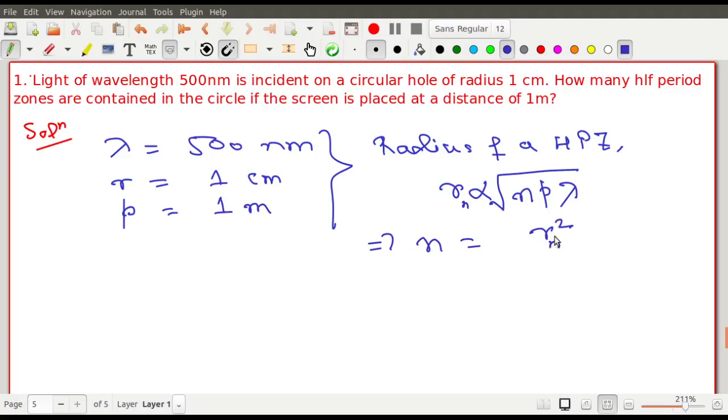Let me try to calculate the radius of the... oh, this R is something else.